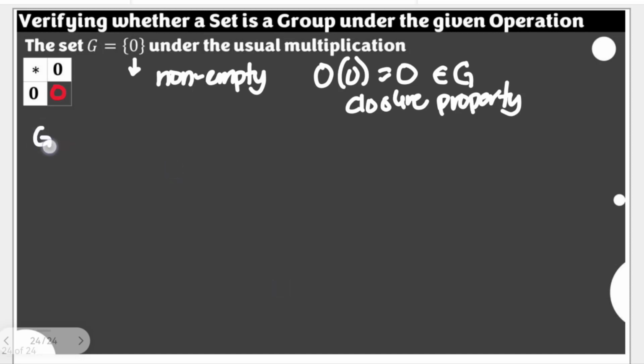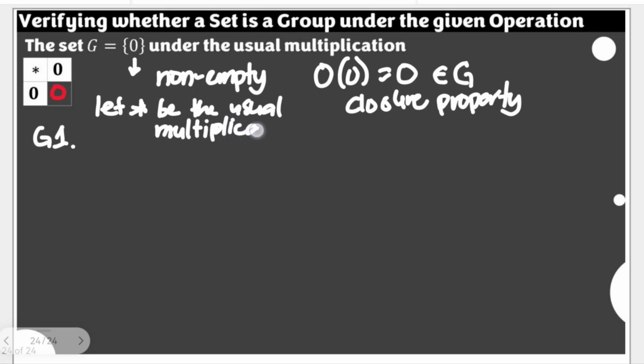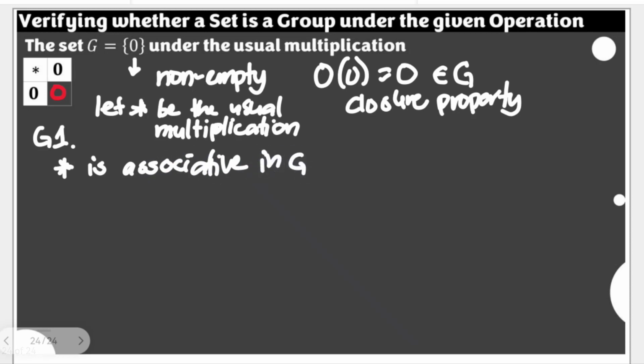So we have G1. Of course, we're going to let star be the usual multiplication so that I could use star as we go through with our proof. So we are going to establish that star is associative in G. We are going to let three different elements, A, B, and C, elements of G. Though they are represented differently, of course you only have one element.